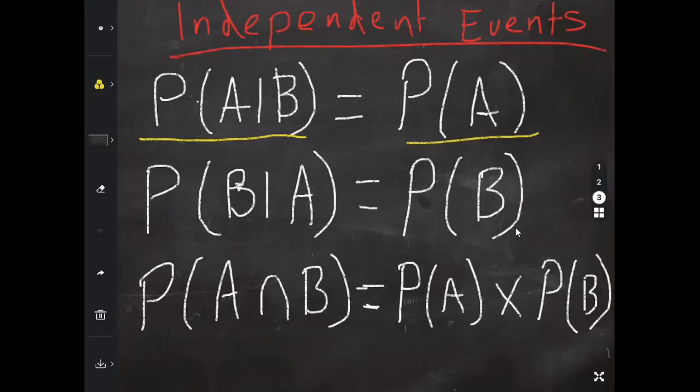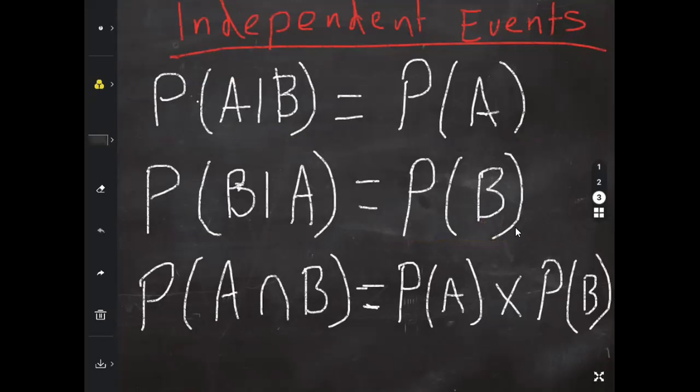And the same down the bottom here, so the middle one here, we've got the probability of B given A is equal to the probability of B. So we just switch these two around here, depending on whether we've got A or B. So let's go on to the second one now.